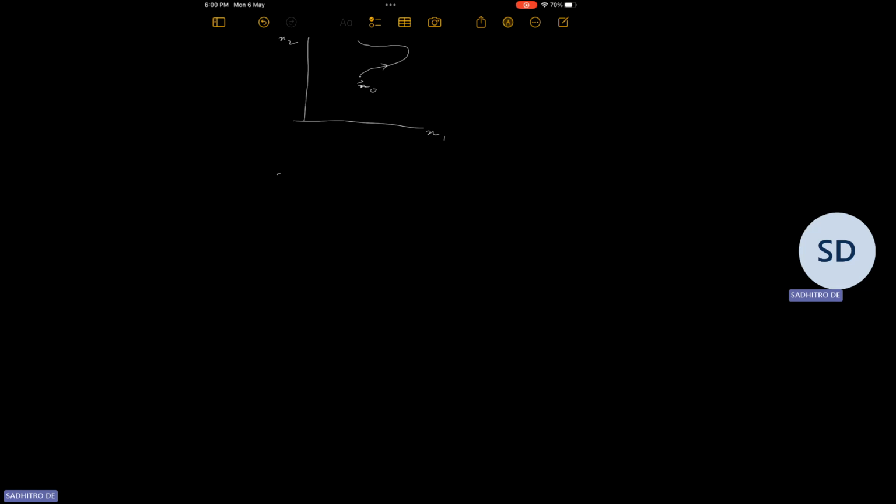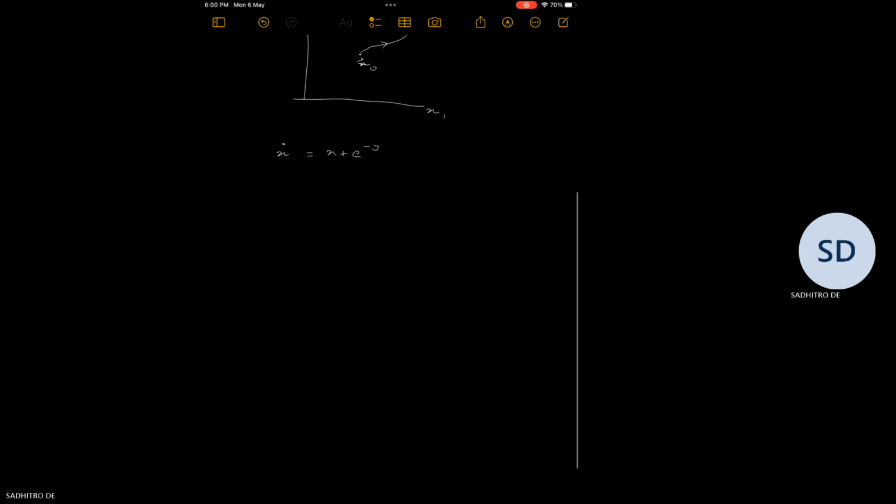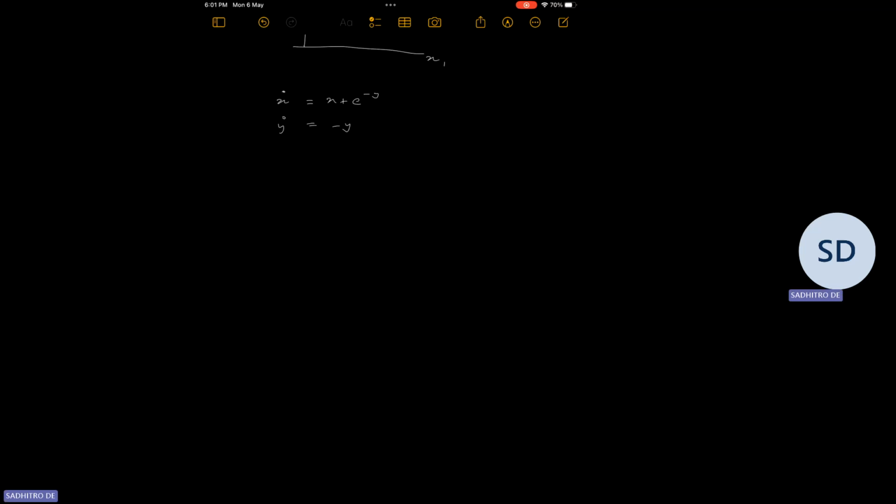So suppose you consider a system like this where x dot equal to x plus e to the power minus y, and y dot equal to minus y. So how would the trajectories in the phase space of the system look like? So the first thing which one tries to extract from such systems are what are known as null planes.